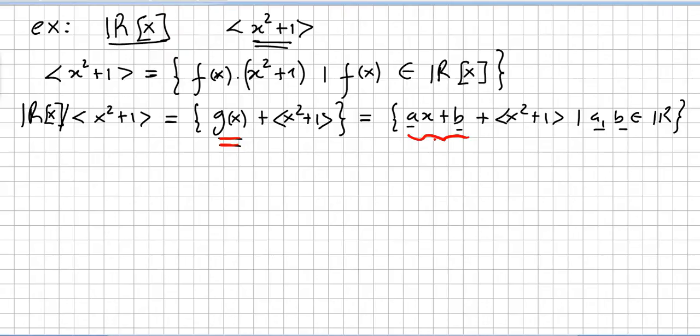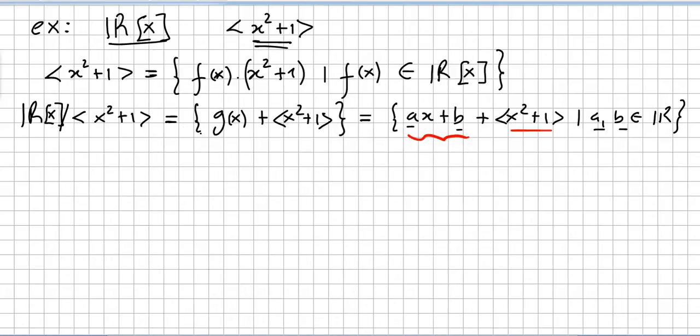You can say, how can that be? Because we have so many polynomials, like x cubed plus x squared, and with this ideal, how come this set is this set? That's a very good question.